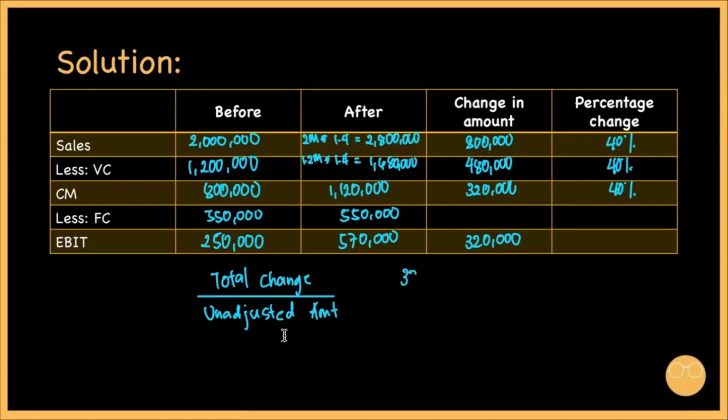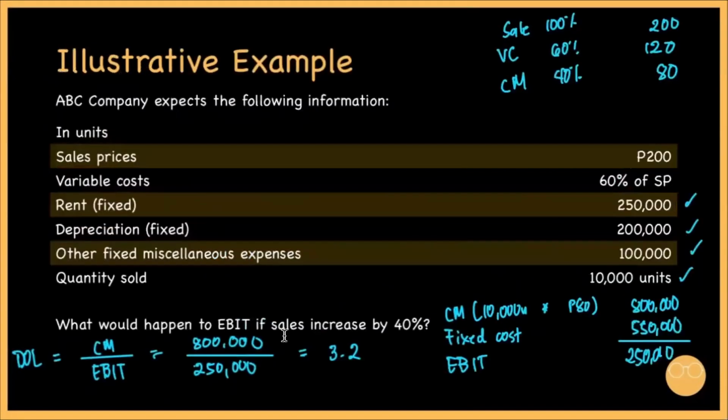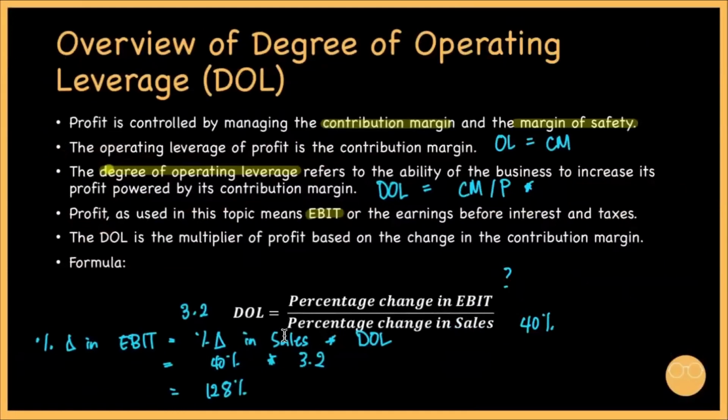So 320,000 divided by 250,000, you will get the same answer, 128%. So it's up to you, whatever is more convenient for you: whether you plot your answer this way, or you use this formula.